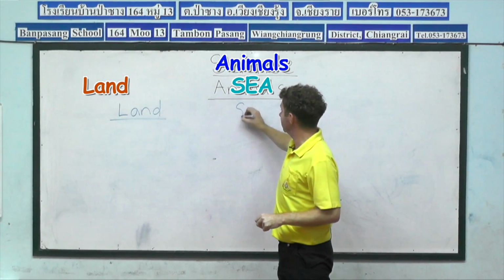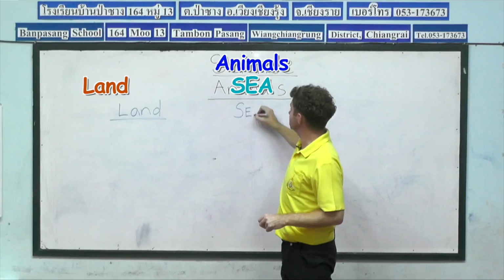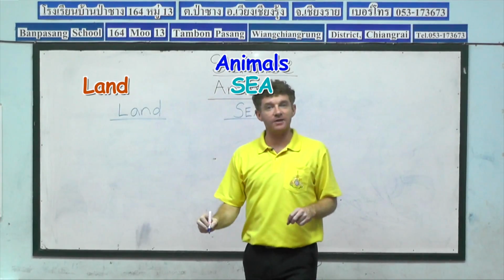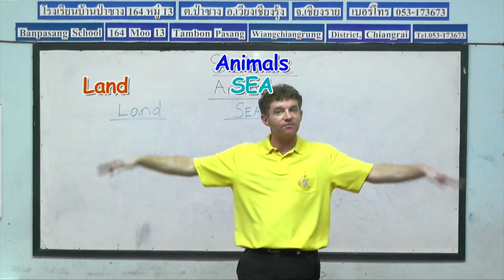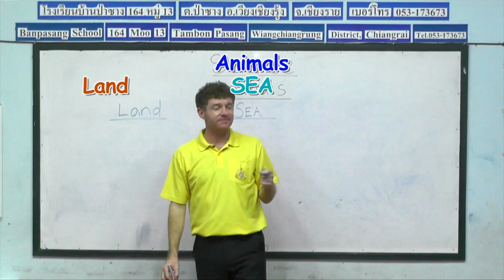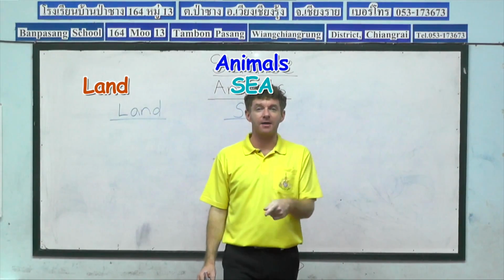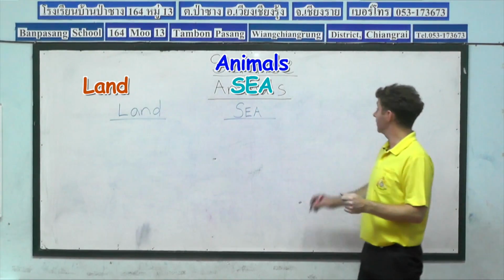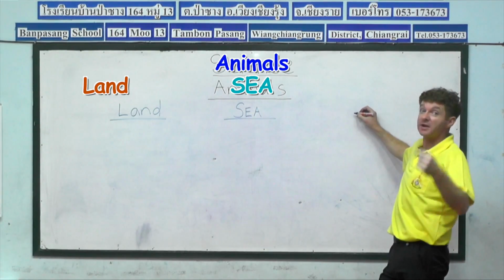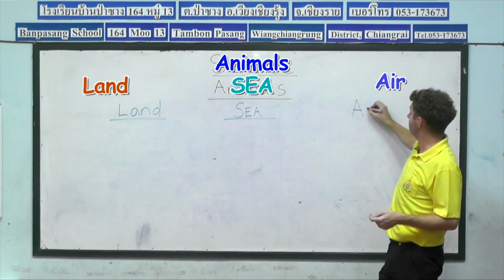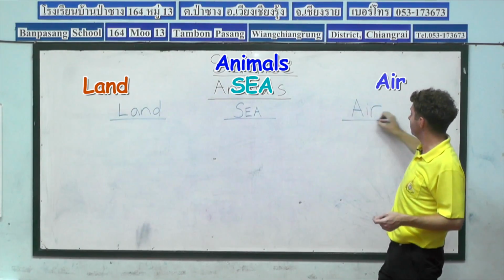So they live in S-E-A, the sea. And then there's another type of animal that can fly. They are air animals. But yes, we have another word for air animals. They are birds. Animals that can fly and can go in the air are birds. But we'll write the name because that's the place where they can be found.